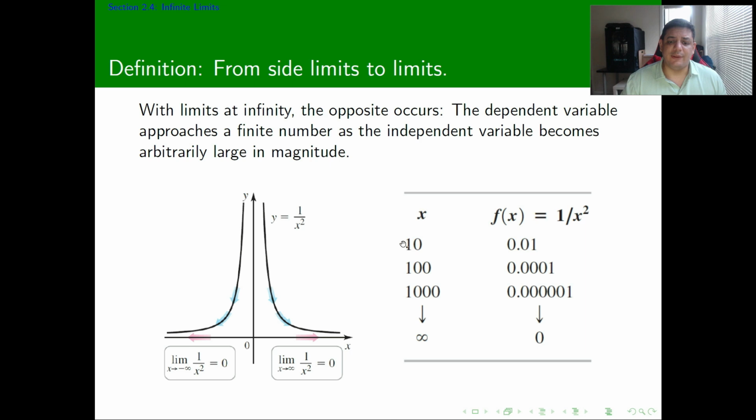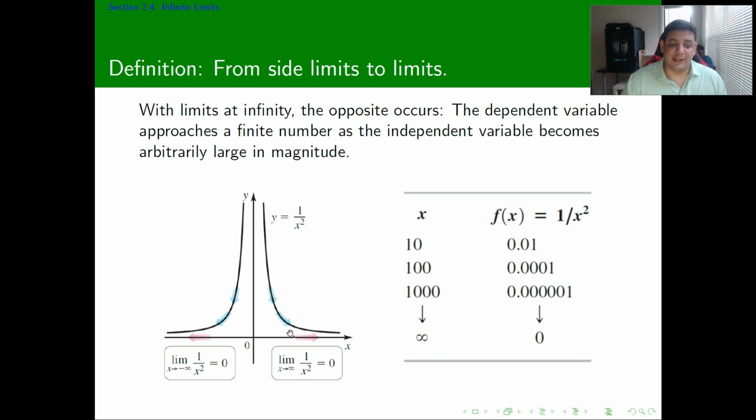Notice that if I use 10, 1 over x squared becomes 0.01. If I grow larger, let's say 100, then 1 over x squared becomes 0.0001. And if I use 1,000, it becomes 0.000001. In general, the larger the number I choose, the closer I'm going to get to 0.